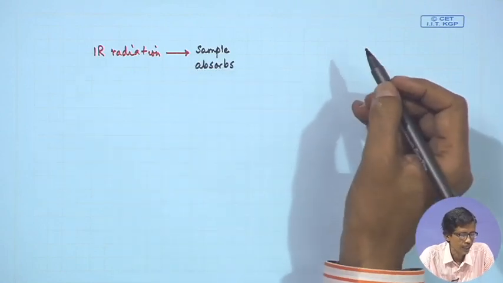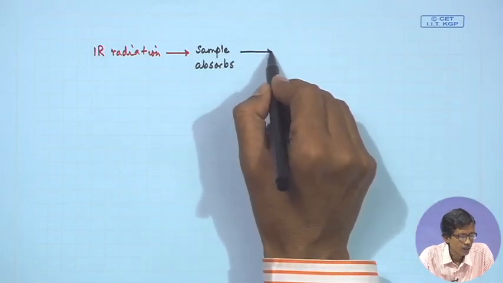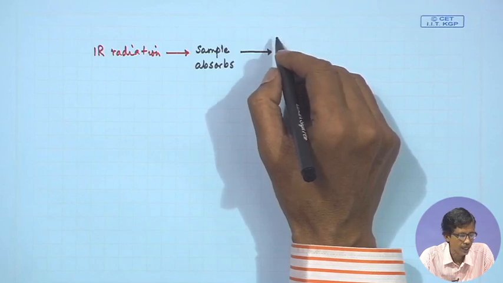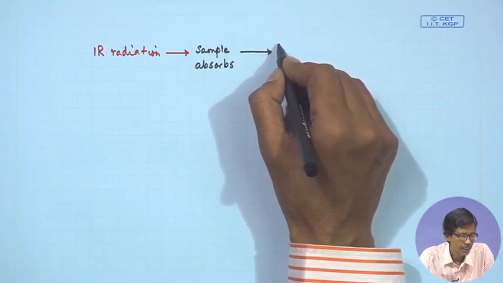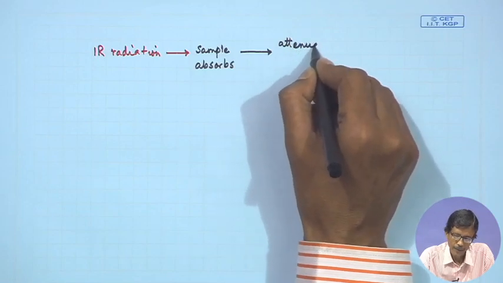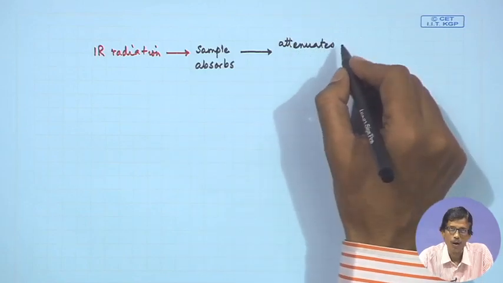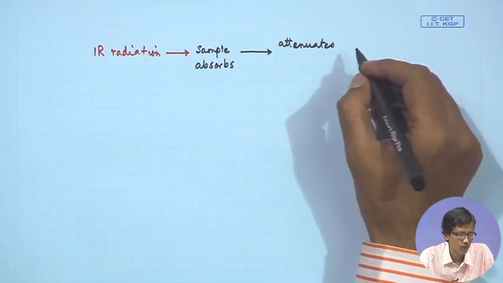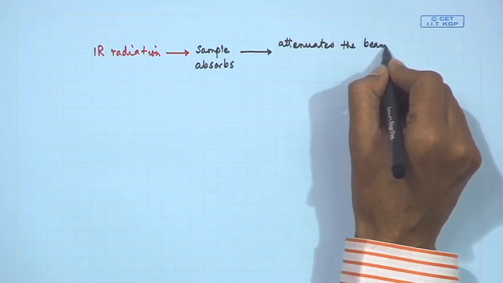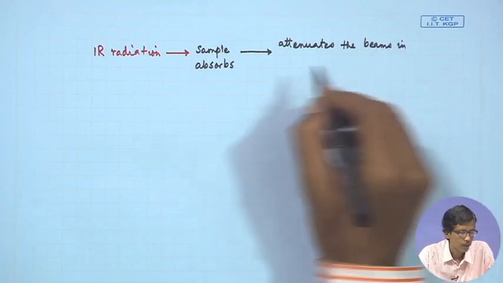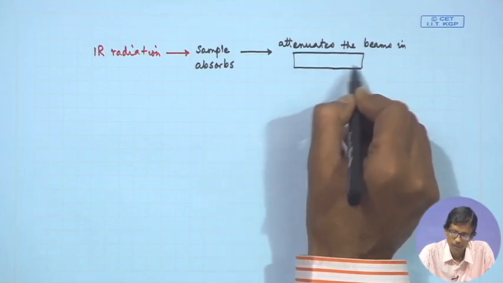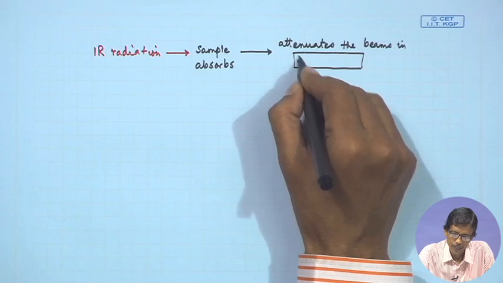So, the absorption will take place. Then basically we have the beams. The IR beams can be attenuated, that means the radiation is getting chopped off, and this is done by your interferometer.